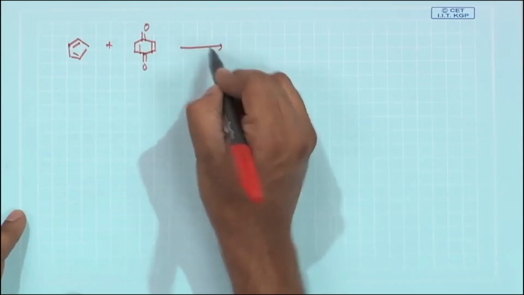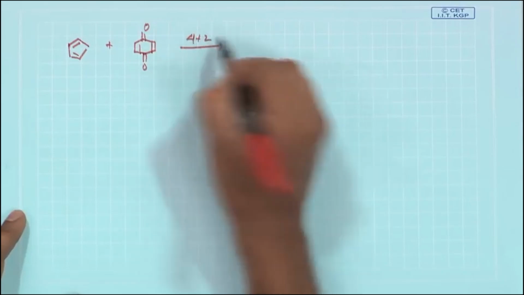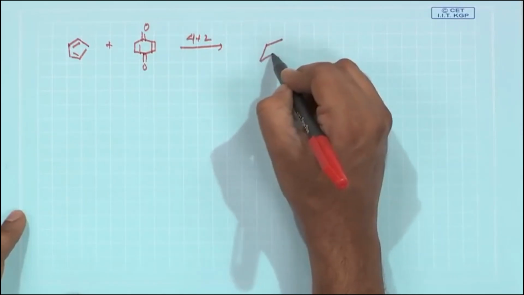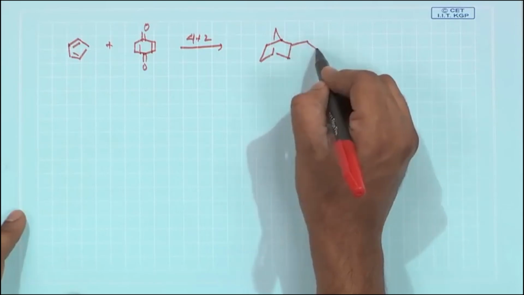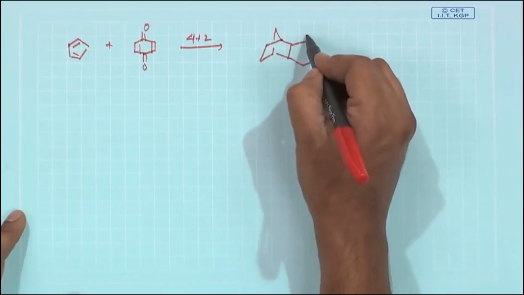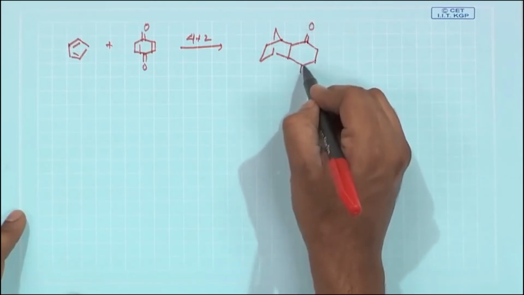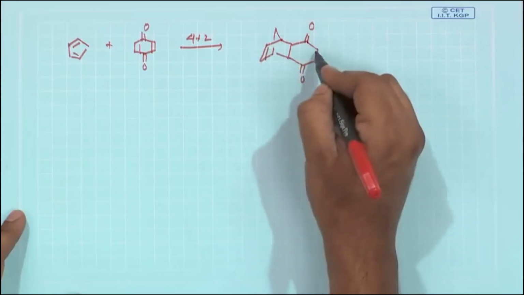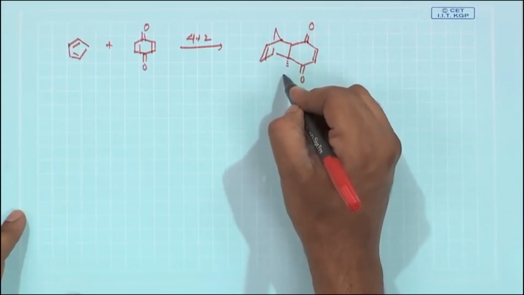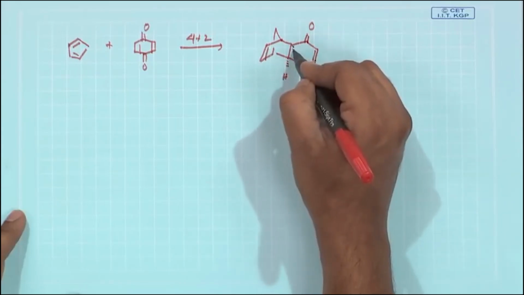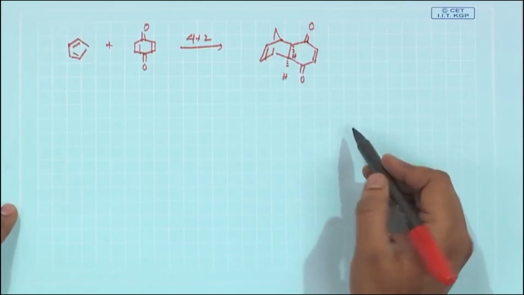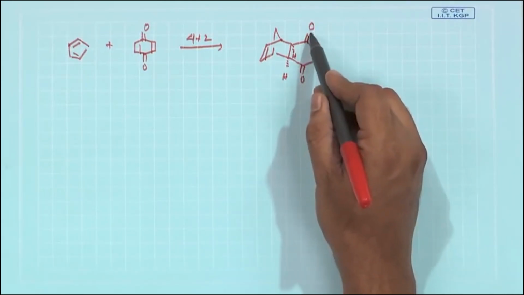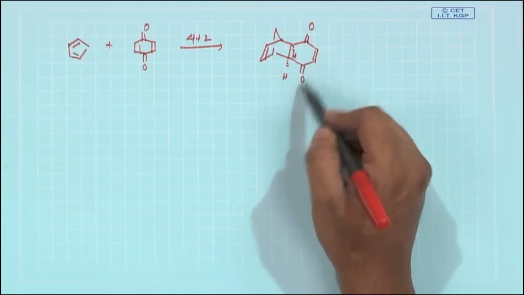So, an initial 4 plus 2 cycloaddition. We normally know that in the 4 plus 2 cycloaddition, the endo product is usually formed. Endo means this product.